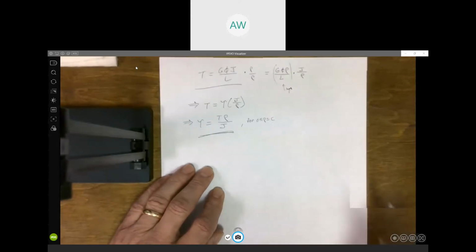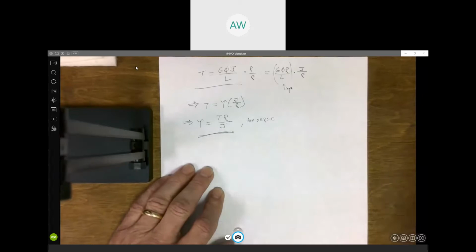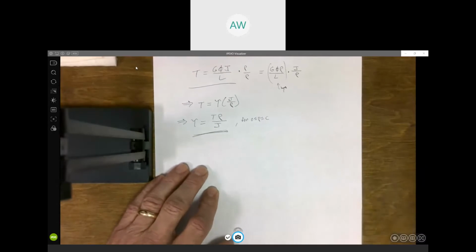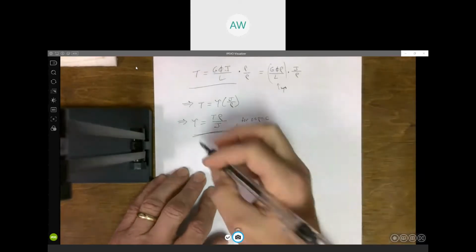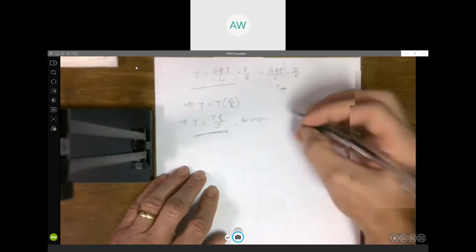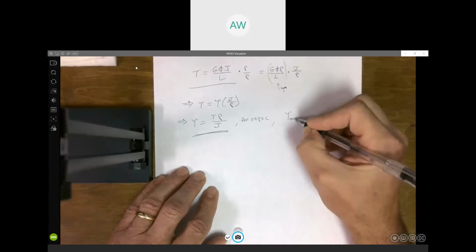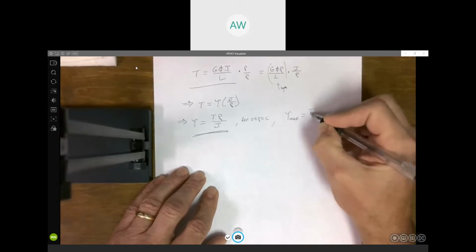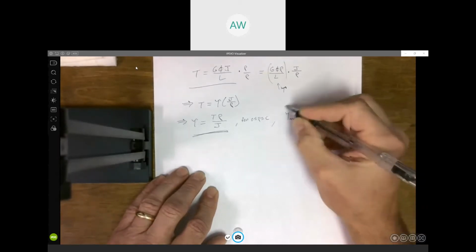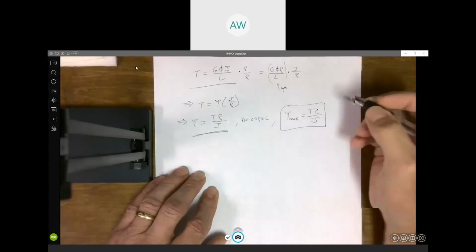Now, typically, we want to know what the maximum is. I know it's 0 at the middle. If you go halfway out, it would be half the maximum, but the material is going to start failing when the maximum reaches whatever the allowable is for that material. So what we're really more interested in is tau max equals T C over J. So this is the formula we're after.